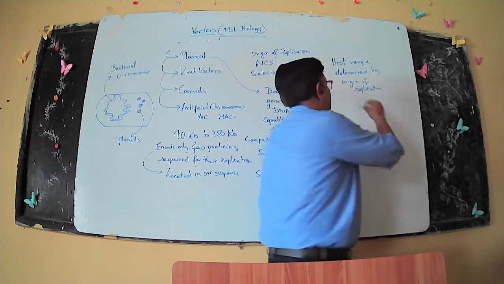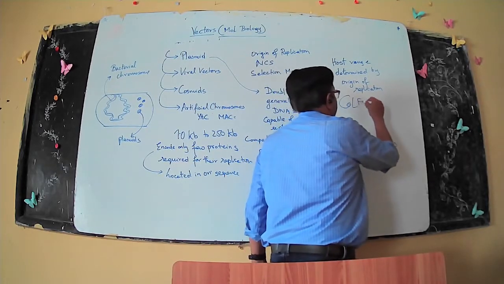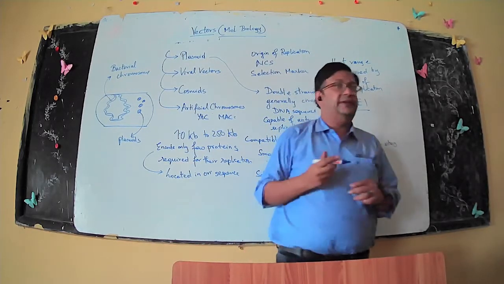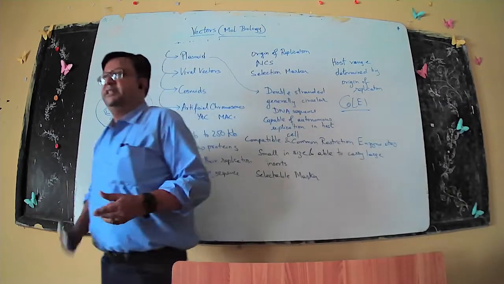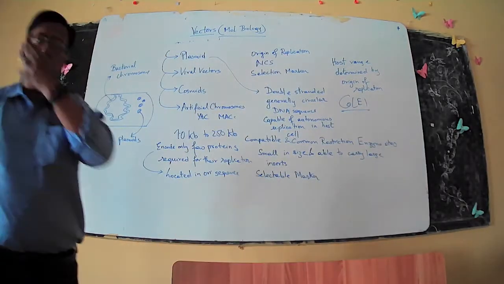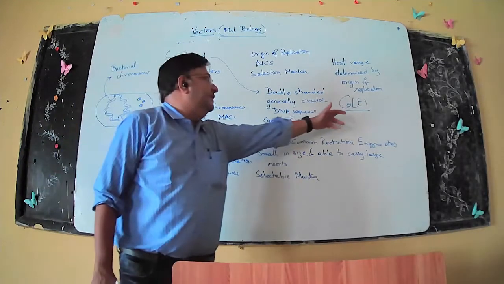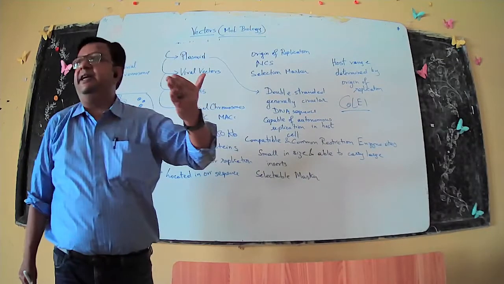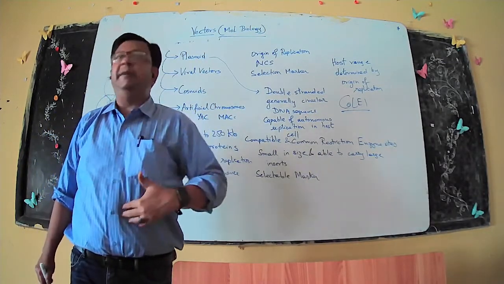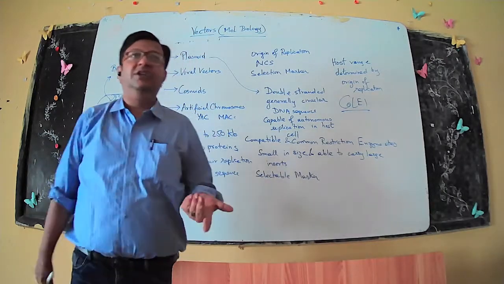If it is of the ColE1 type, the bacterial origin of replication from E. coli, they will be able to replicate only in enteric bacteria like Salmonella and E. coli.